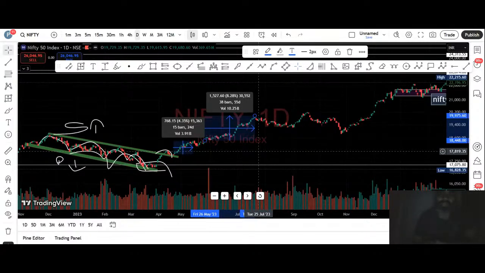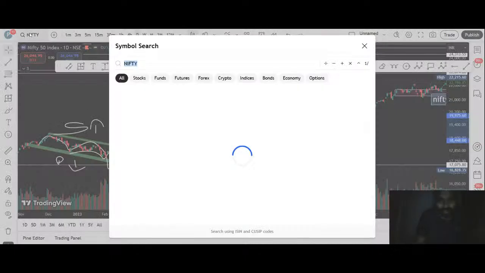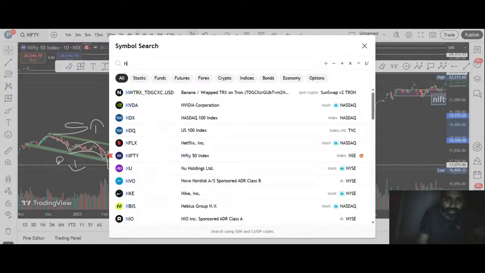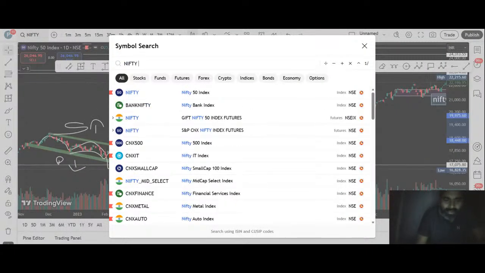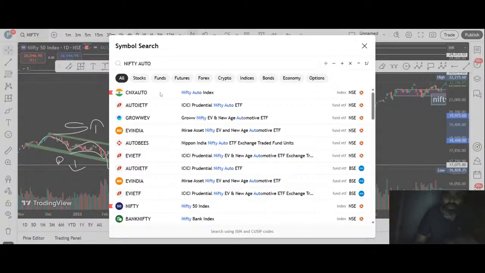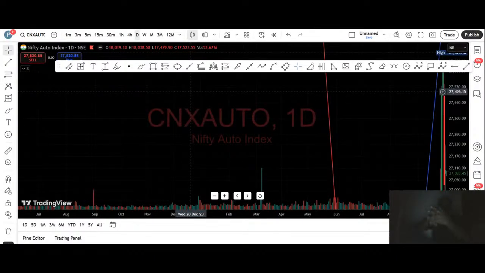Suppose this month you are bullish on Nifty Auto but you don't know which stock to put your money in. Then you can choose the whole Nifty Auto index.